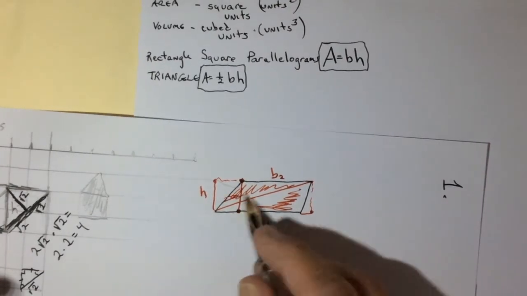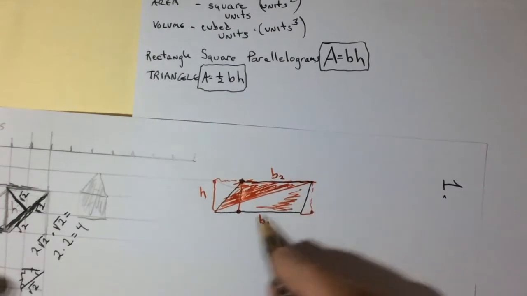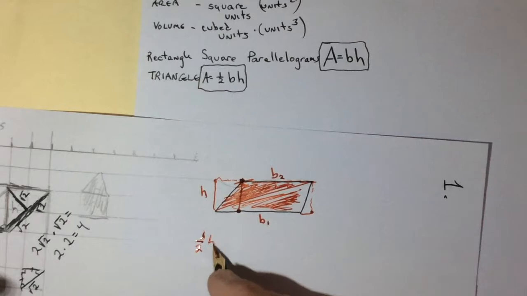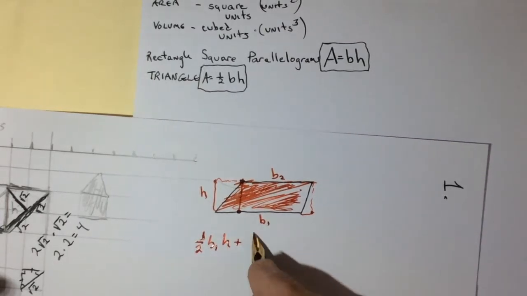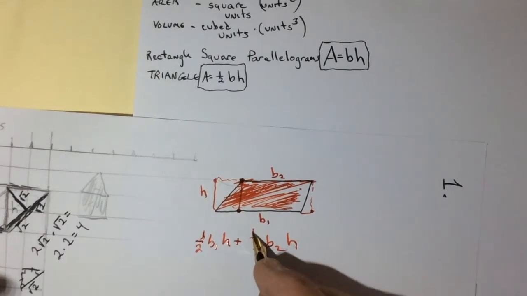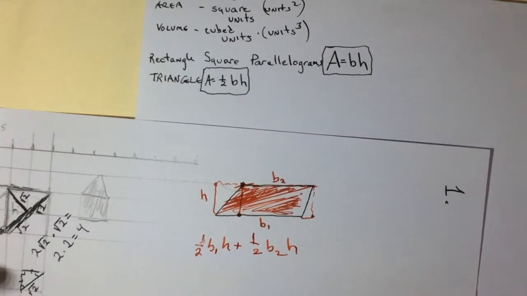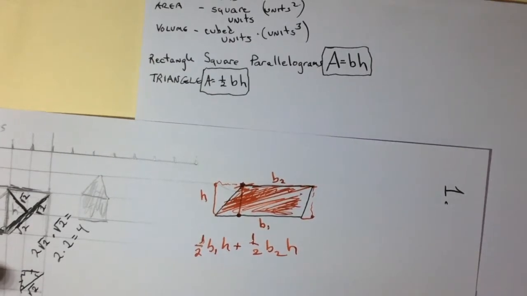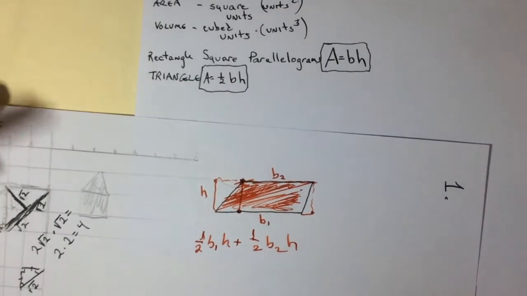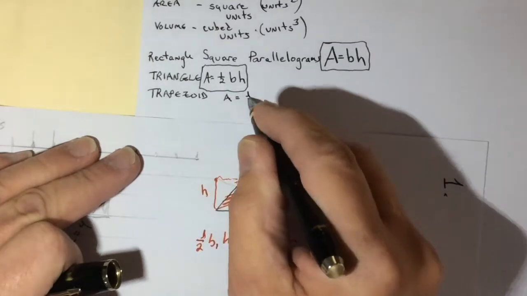Well, we can find the area of a trapezoid by finding the area of the two triangles and adding them together. 1/2 base 1 times the height plus 1/2 base 2 times the height. Using triangles and our ability to get their area, we know how to get the area of a trapezoid. So let's put that in here as well.